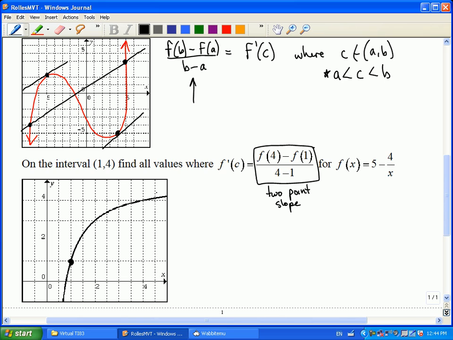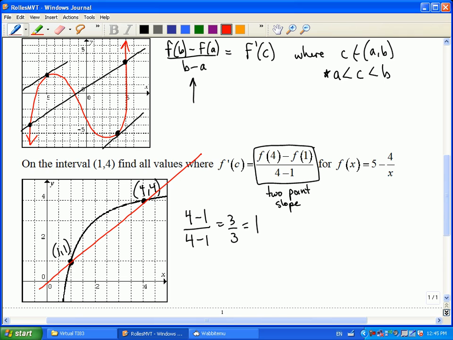I'm looking at the value at 1 and the value at 4. So this is the point (1, 1), and this is the point (4, 4). So the slope is going to be 4 minus 1 over 4 minus 1. So here's the slope that we're predicting.